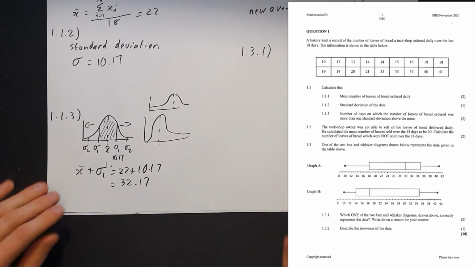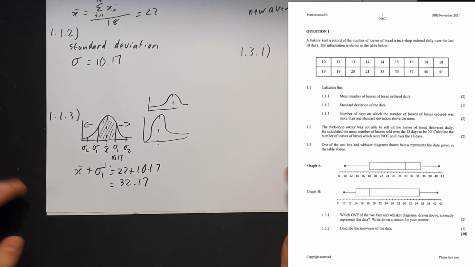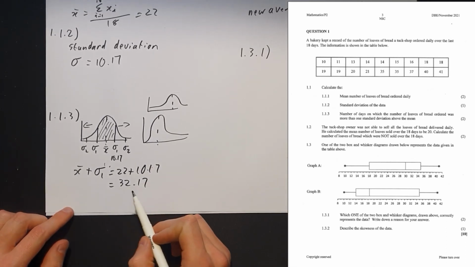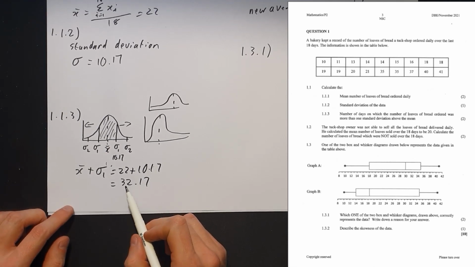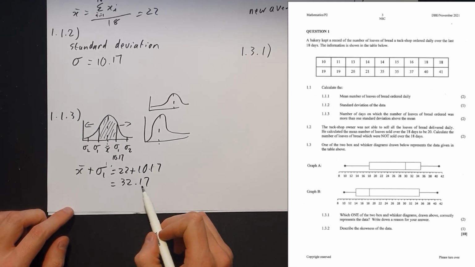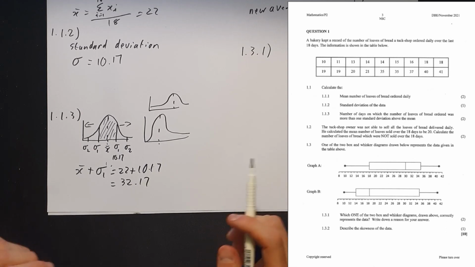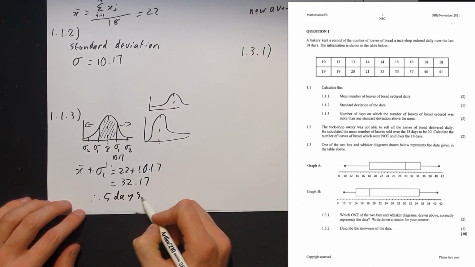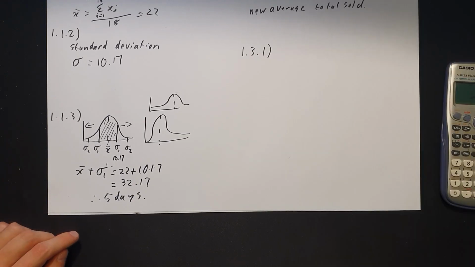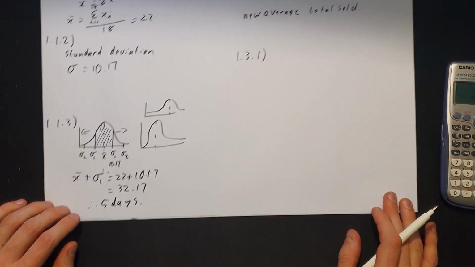That's how much sits outside of 1 standard deviation. If we look at the table over there, we see that 32.17 is roughly about 5 days. All right, and that's how we do 1.1.3.